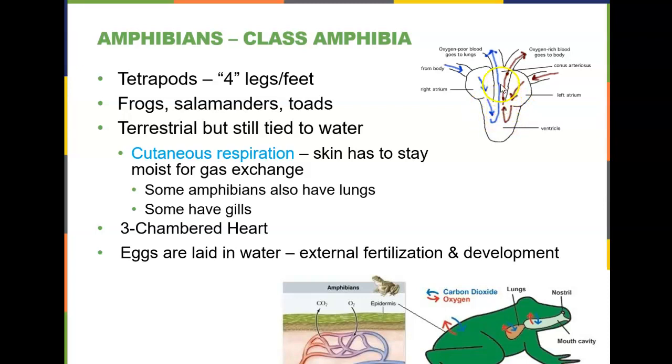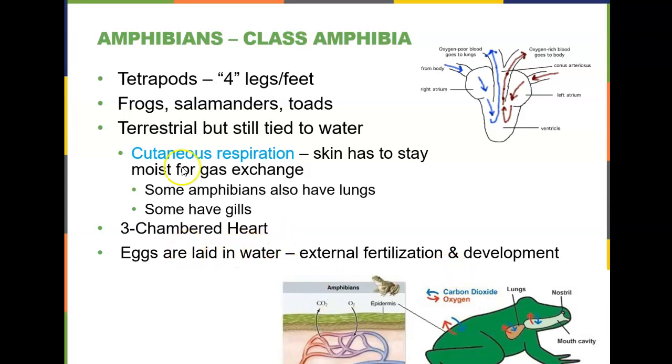We have blood that comes out and goes to the lungs to pick up more oxygen, and some of it goes out to the body to deliver oxygen. So there's a mixing here, and that tends to make the blood less efficient in delivering oxygen. But because they are able to deliver oxygen via their skin, they don't need to have as efficient a heart.